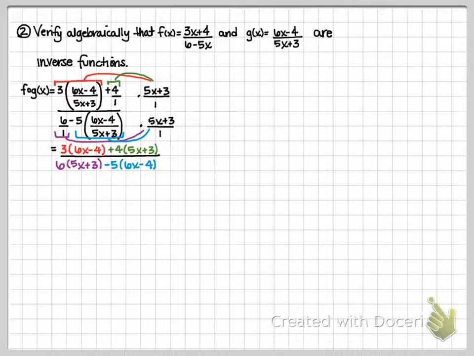Now, hopefully I didn't make any algebra mistakes. Now I'm going to distribute the top and distribute the bottom. So if I do that, I'm going to get 18x minus 12 plus 20x plus 12 all over 30x plus 18 minus 30x plus 20.